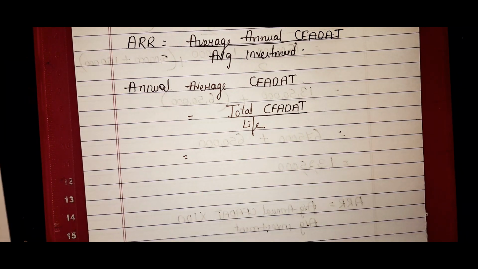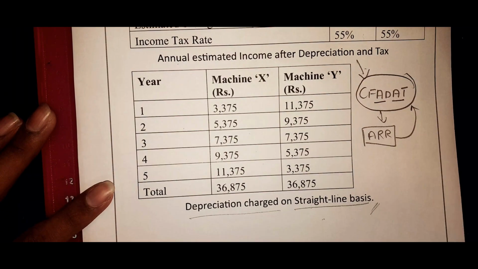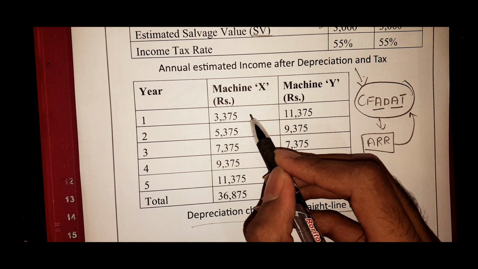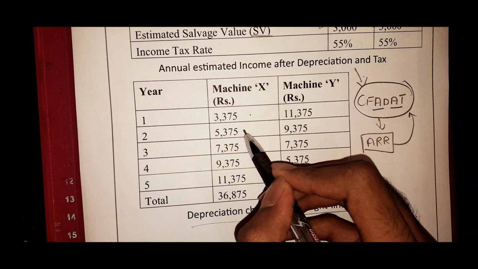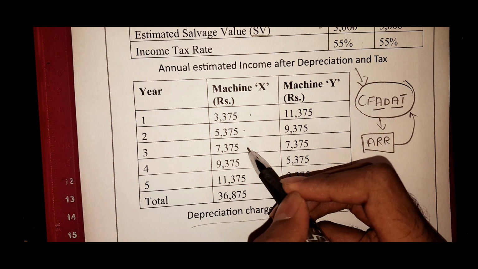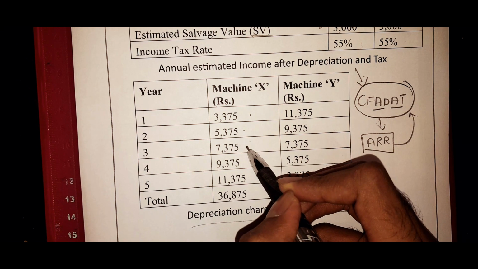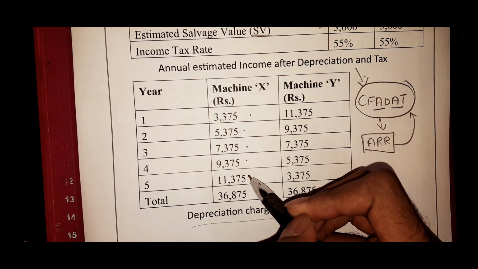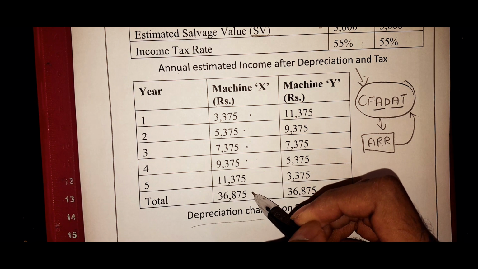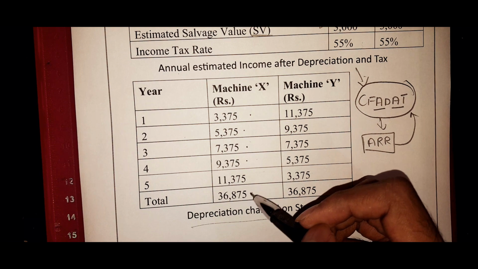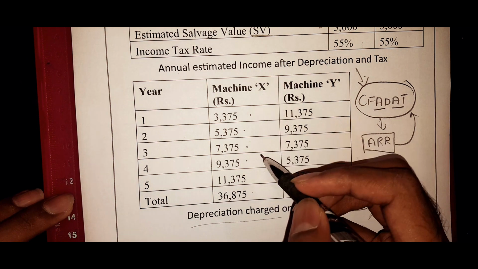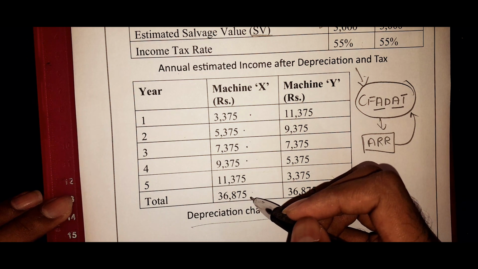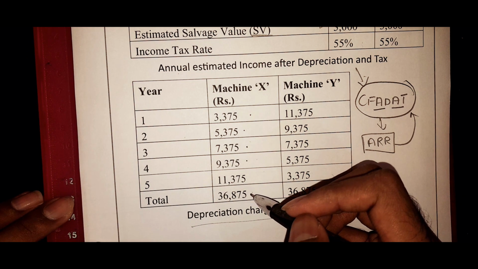Now total CFADAT, if you observe here, add all these things: 3,375 plus 5,375 plus 7,375 plus 9,375 plus 11,375 plus... When you add all these, what total will we get?